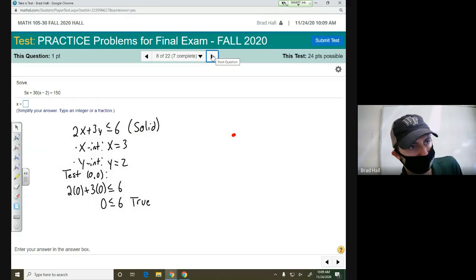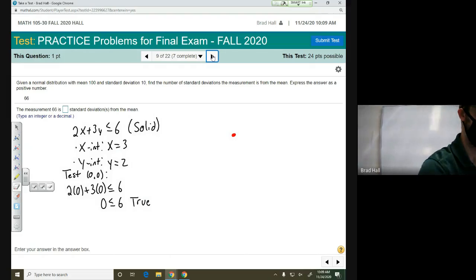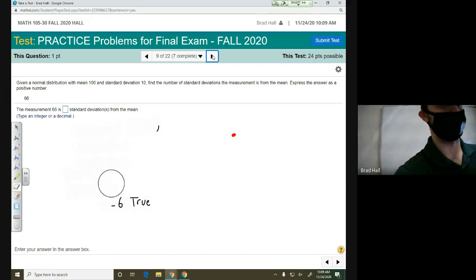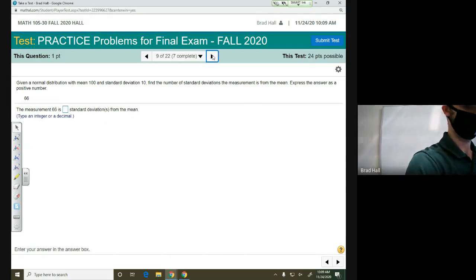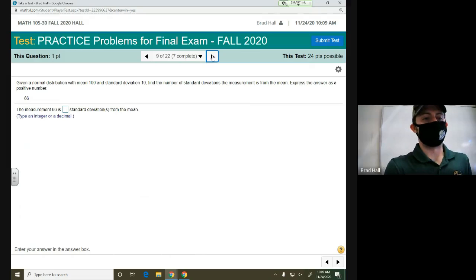That's just a linear equation. Let's do something like this, something that's a little bit further removed. All right, they tell us that there is a normal distribution with mean 100 and standard deviation 10. Find the number of standard deviations the measurement is from the mean.